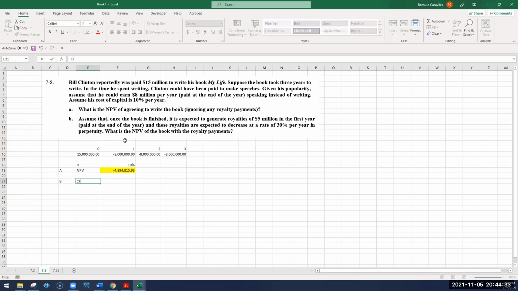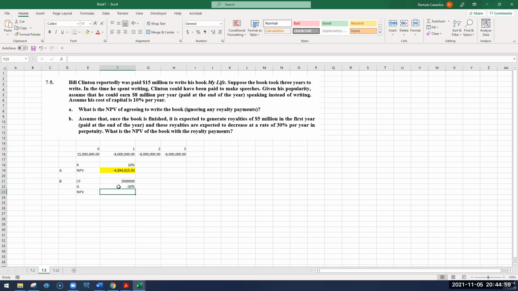So I have a cash flow of 5 million. There is a growth, which is g. This is going to be negative because it's decreasing. And I will have a discount factor. Actually, this is going to be my NPV.